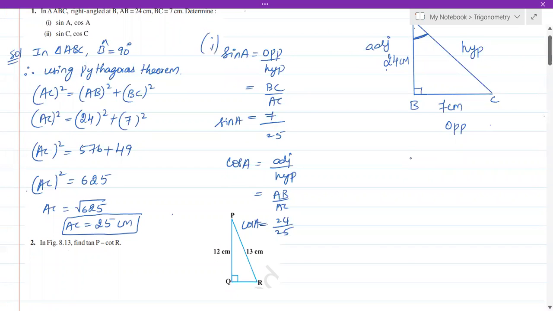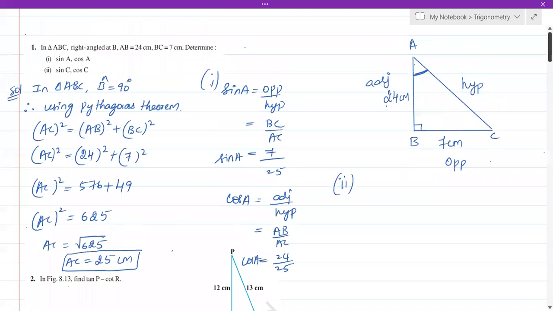So in the second sub question, we have to find sine C now. Now the angle is not at A, instead the angle is at C now. So the opposite side is AB, adjacent side becomes BC.